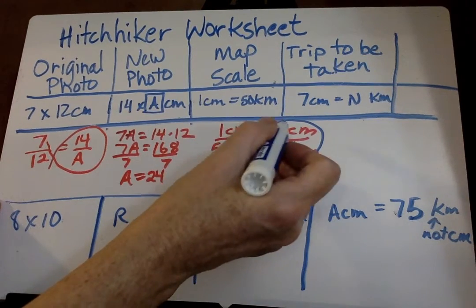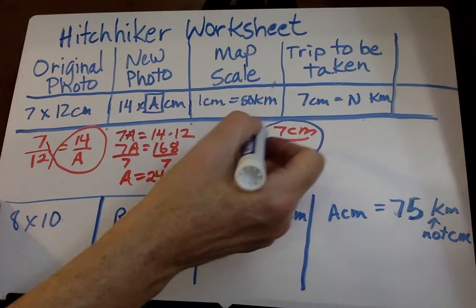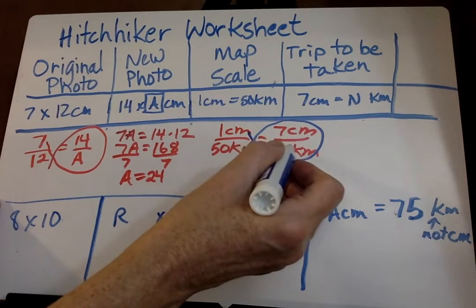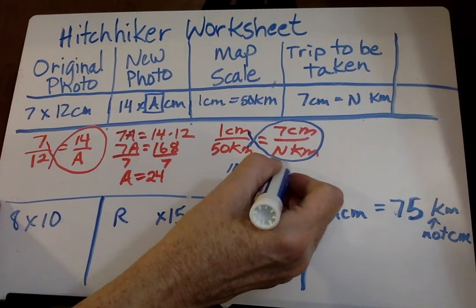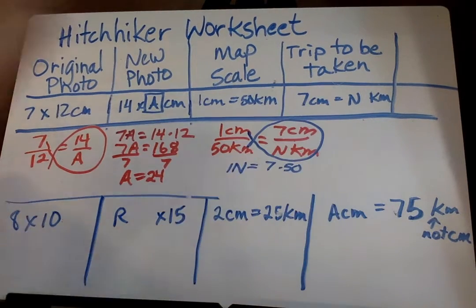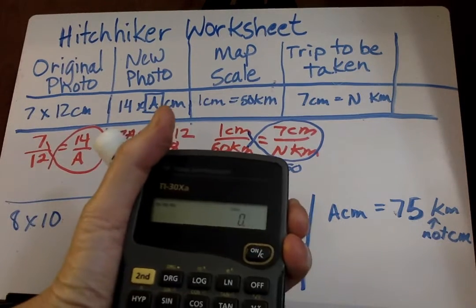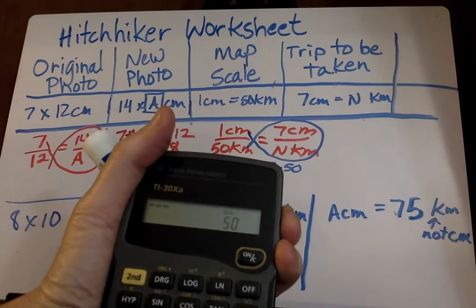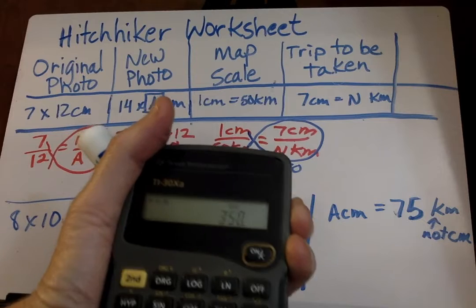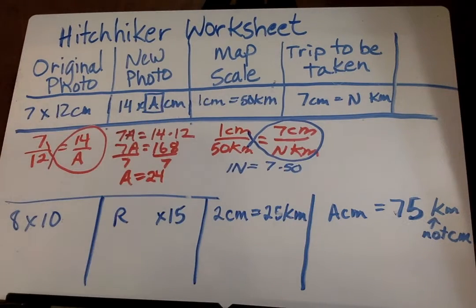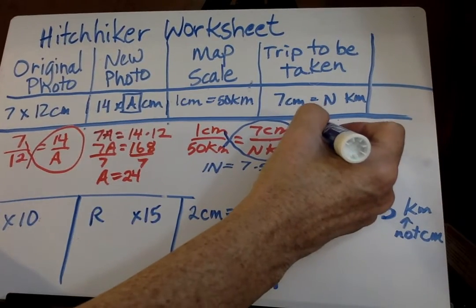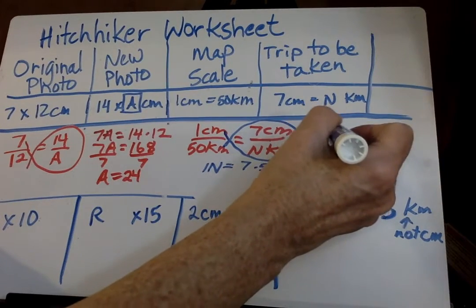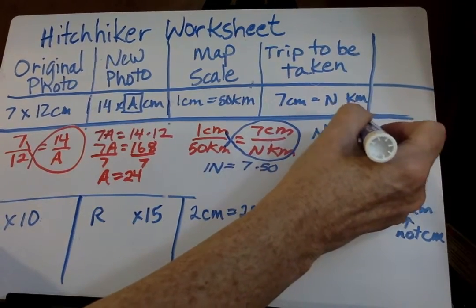And I did it pretty big because I didn't want to mar the writing here. So I go 1 times n. So 1n equals 7 times 50. Okay. If we use our handy dandy calculator, 50 times 7 equals 350. So 1n equals 350. So we could say n equals 350.